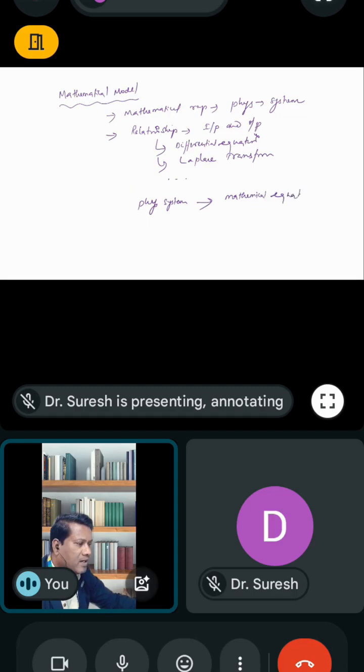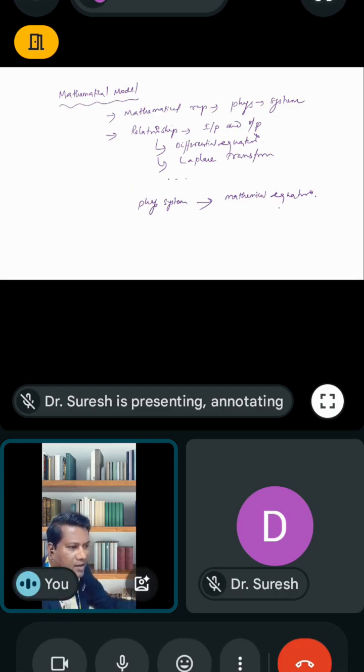What are the advantages? When we do experiments with the real-time system, it is time consuming. If any fault occurs, it affects the entire system, so we have to rebuild the entire system.